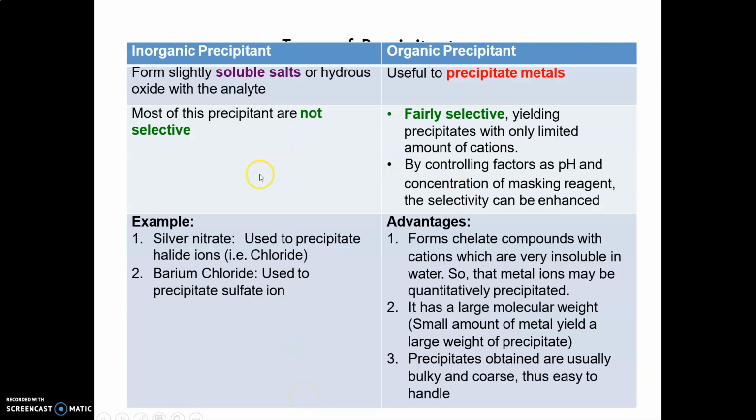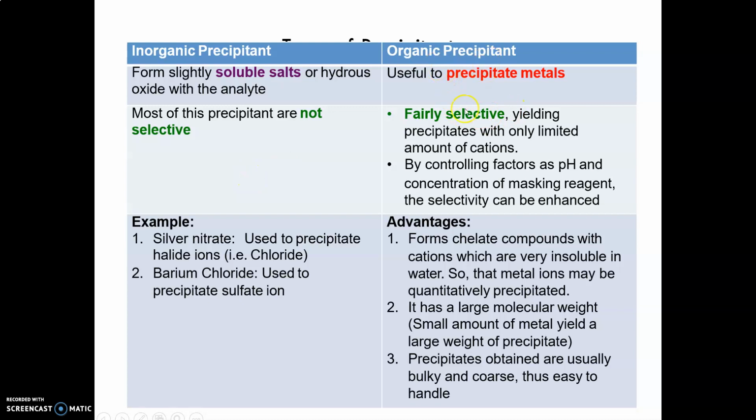So what is the difference between inorganic and organic? For inorganic precipitants, usually they form slightly soluble salts or hydrous oxides with the analyte, while for organic precipitants, usually you use them to precipitate metals. Okay, and for inorganic precipitants, most of these precipitants are not selective, meaning that one precipitant may react with 2 or more analytes.